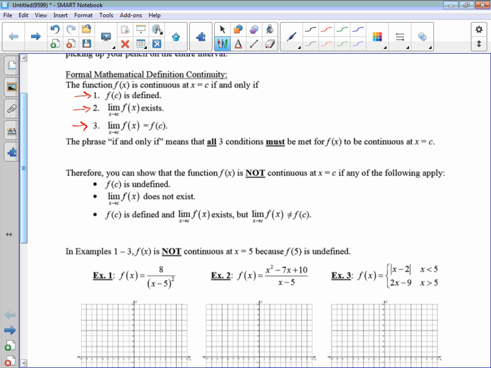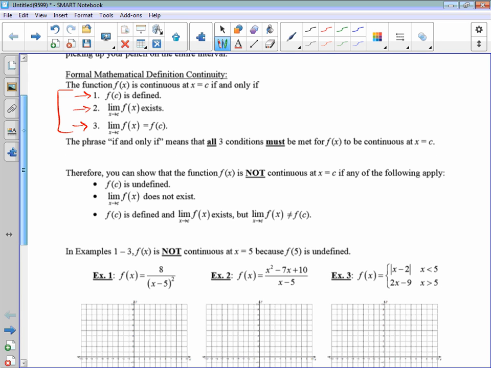These are the 3 steps you would have to prove that a function is continuous. And then there are different types of discontinuity. Do you remember the types from last year? Poles, asymptotes, and jumps. Good.